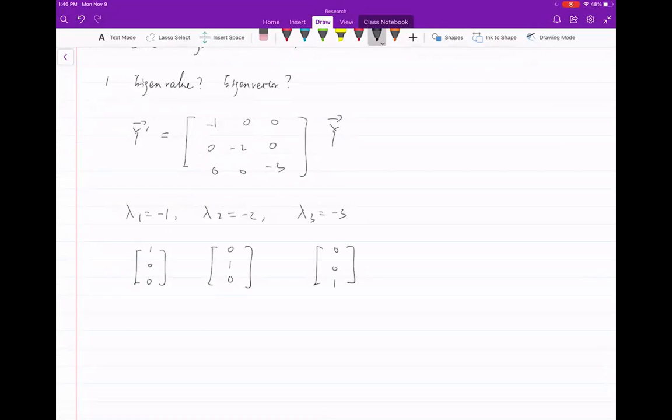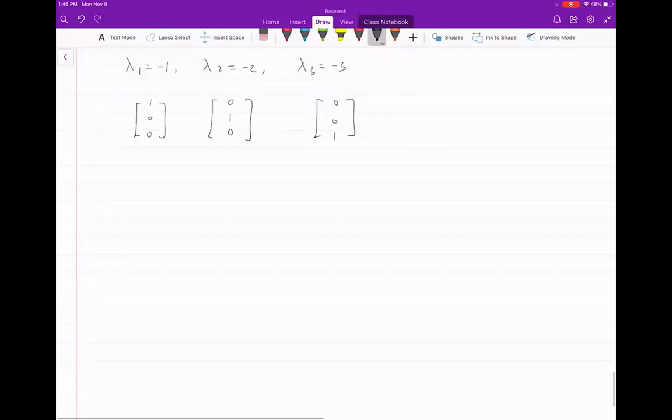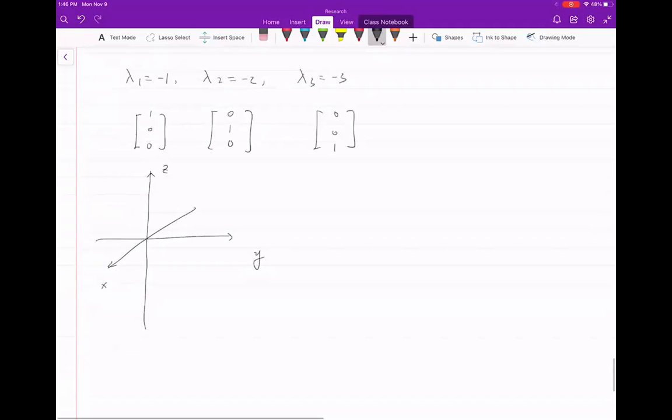Can you still draw the phase portrait? Well, for this case, can you see that we have three straight line solutions? Each one on this direction. So what we have is x, y, z. In the x direction, we have -1, so we do have a sink in this direction. For 0, 1, 0, we do have a sink in this direction. Finally, in the third direction, we do have a sink.